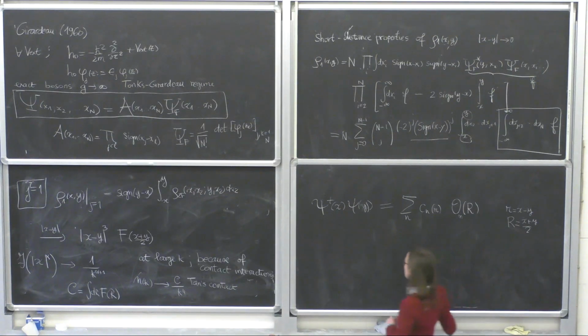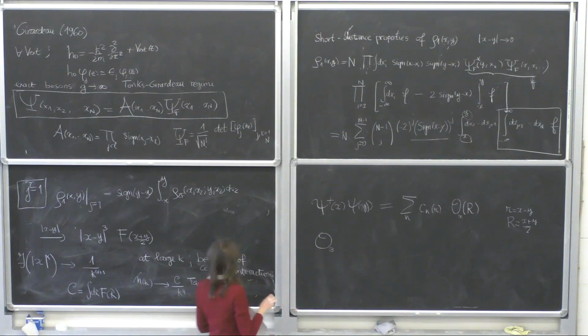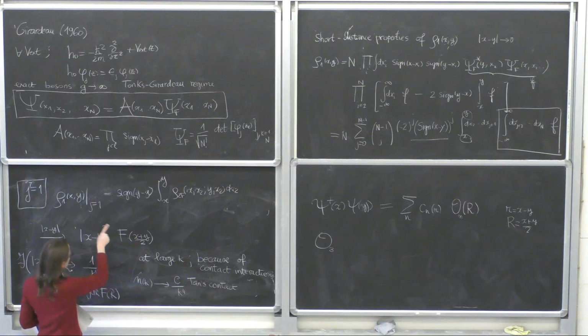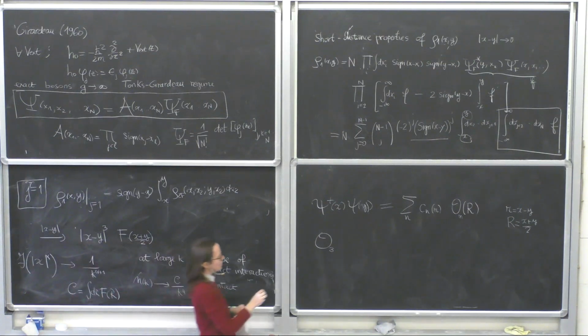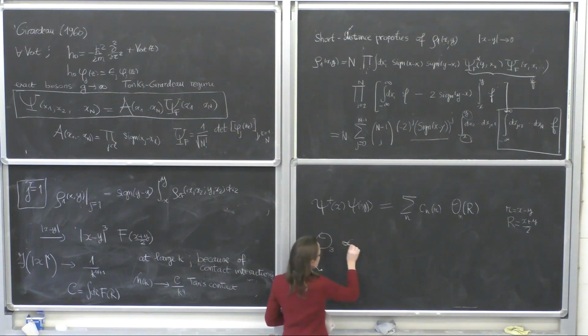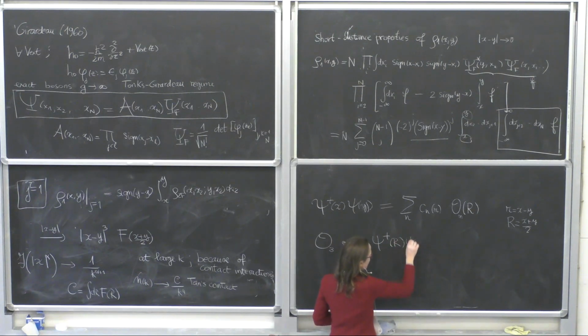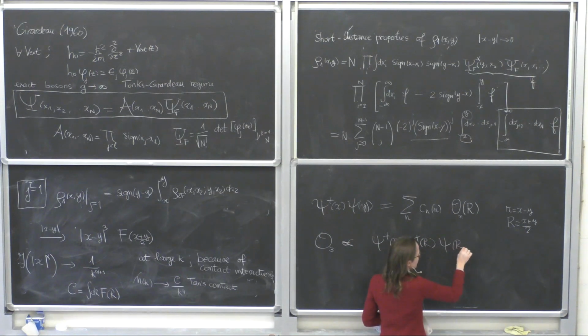So we have that, in fact, with this method, people have demonstrated that the O3, that is the one which has power 3 in this, is some prefactor proportional, let's say, to psi dagger of R, psi dagger of R, psi, psi.